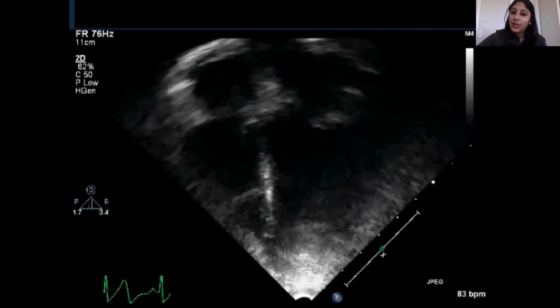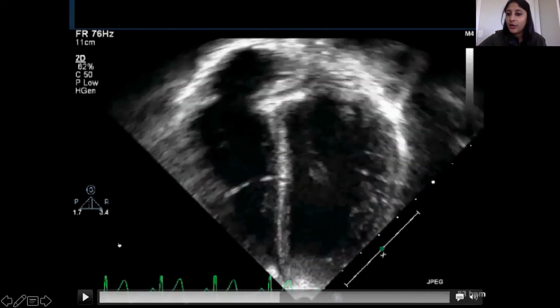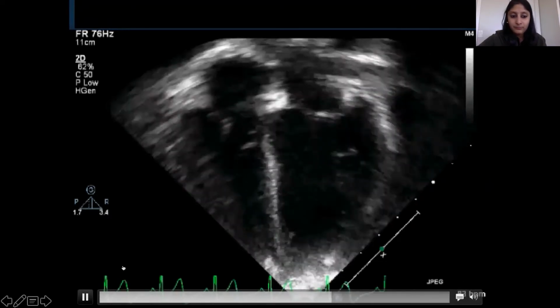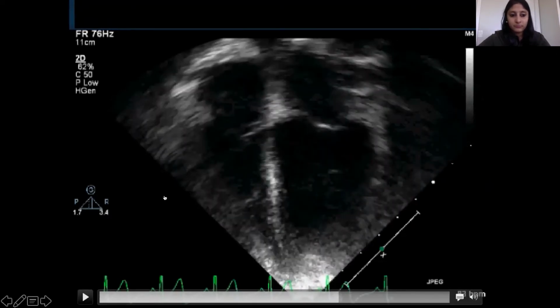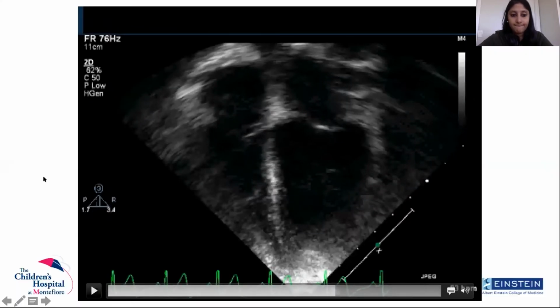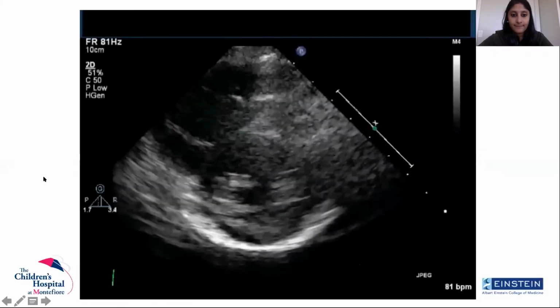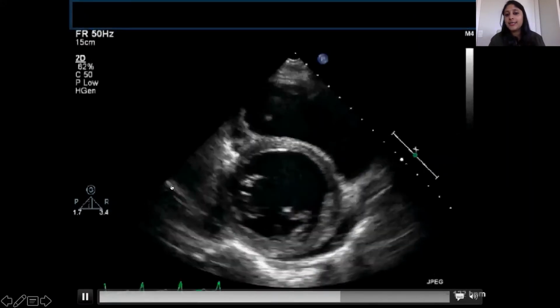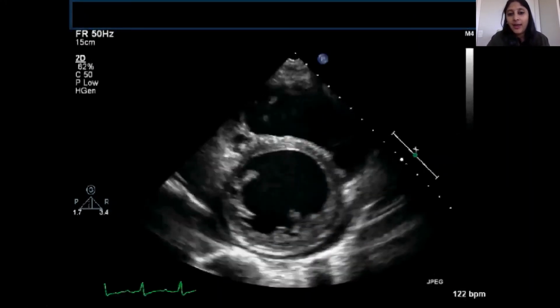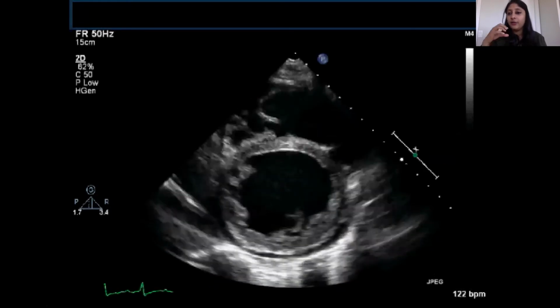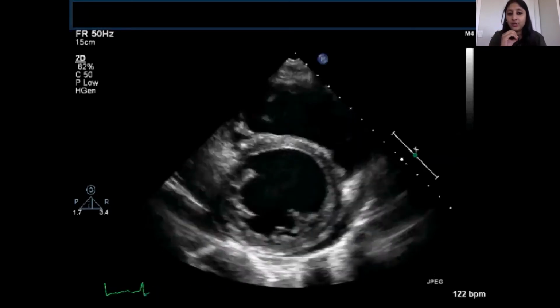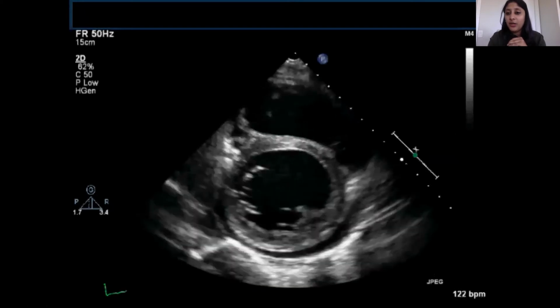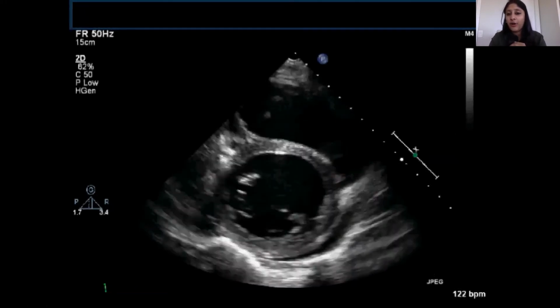Now let's look at somebody who has dilated cardiomyopathy. So this is a patient who has dilated cardiomyopathy. As you can see, again, you have the chamber that looks like a donut, and on top of that, the chamber that looks like a croissant, your left and right ventricles.